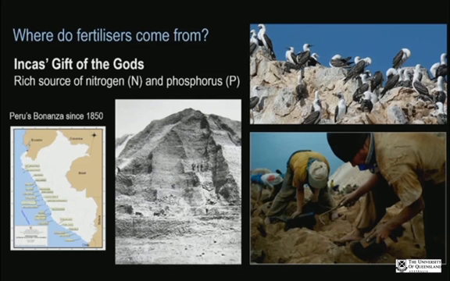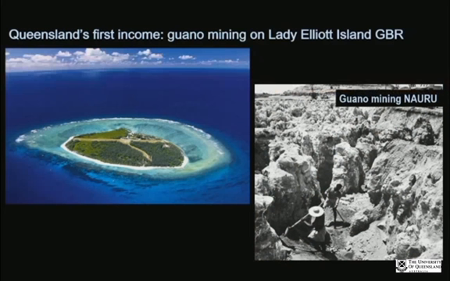And again, that's something which really shaped the history of South America, the British, Chile, Peru. There's a big history in this as well. But even in Queensland, there was nitrogen and phosphorus fertilizer. The first income of the Queensland Treasury was through guano mining on Lady Elliot Island in the Great Barrier Reef. This is a picture of Lady Elliot, and if you've ever been there, you will notice there's very little native vegetation left.